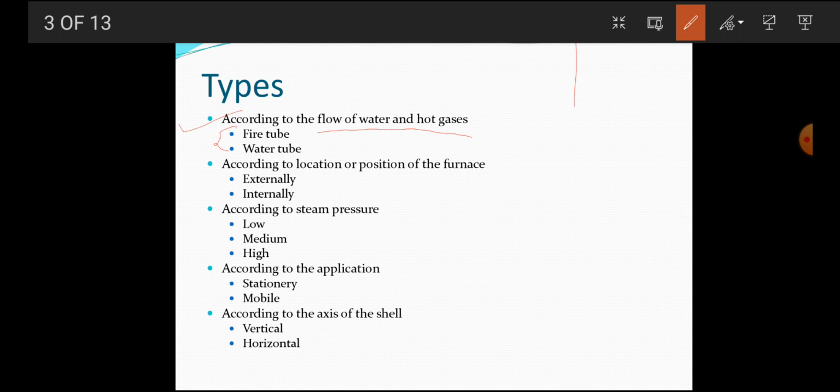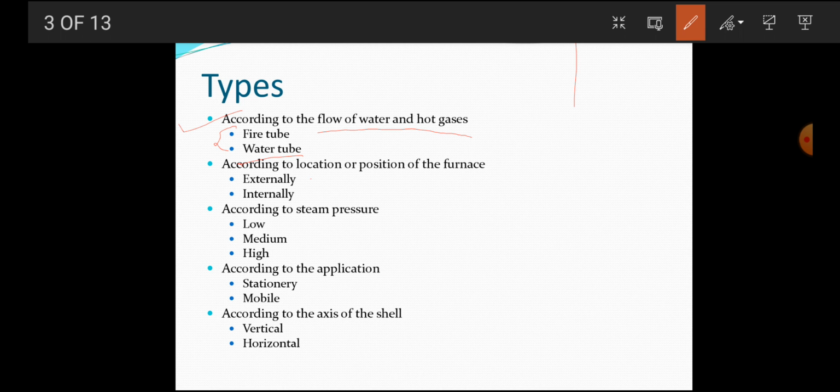But the capacity is limited to 17.5 kg per centimeter square. The examples are Cochran, Lancashire, and locomotive. In water tube boilers, water circulates through a large number of tubes and hot gases are passed around them. Examples: Babcock and Wilcox boiler.